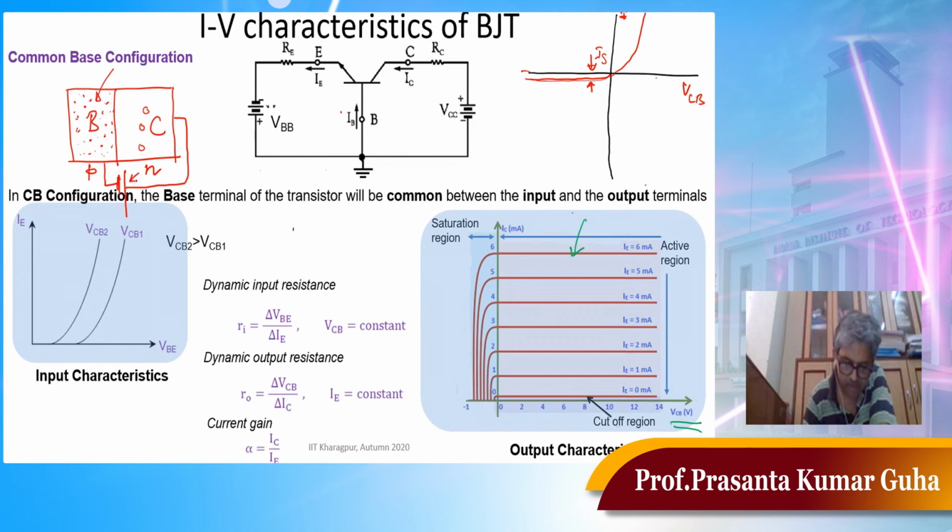The positive terminal of the battery will drag those electrons here. So all of a sudden you get lots of current, right?